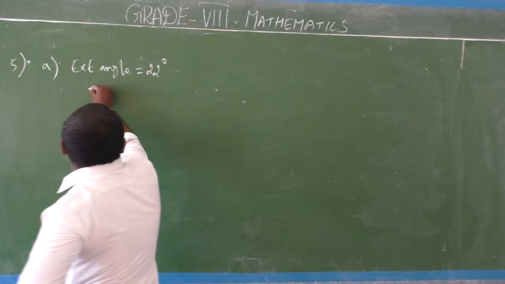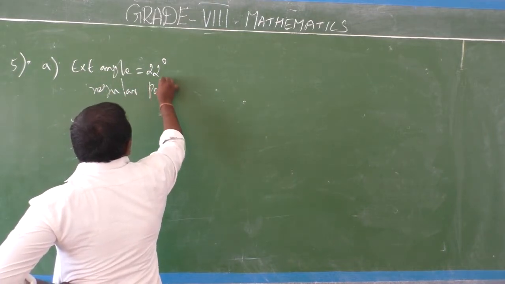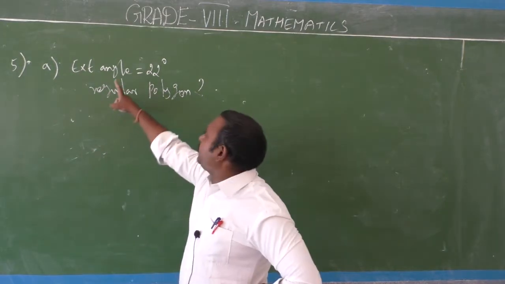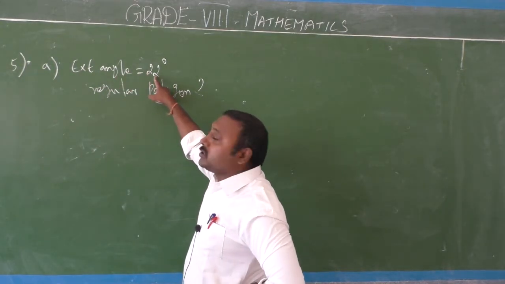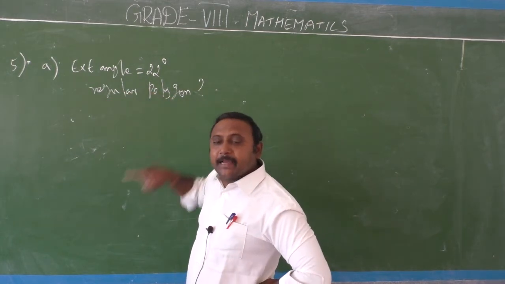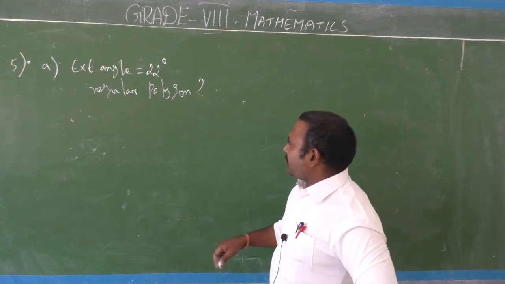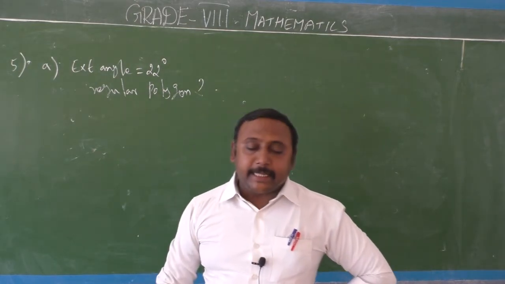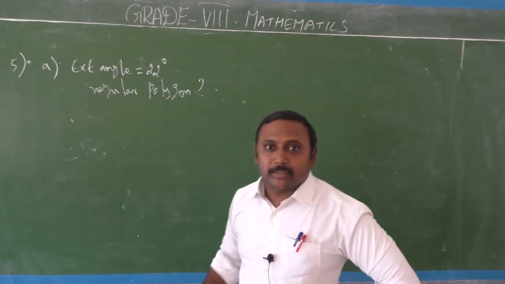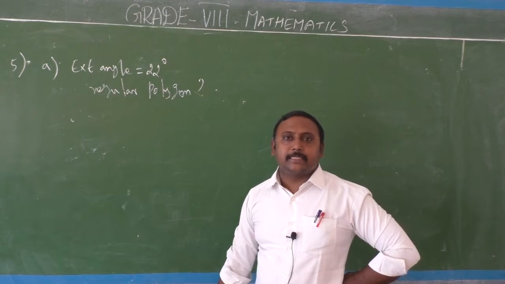Is it a regular polygon or not? We should find out: if the exterior angle is equal to 22 degrees, is it possible to have a regular polygon? In this case, the sum of all exterior angles of a regular polygon is equal to 360 degrees.